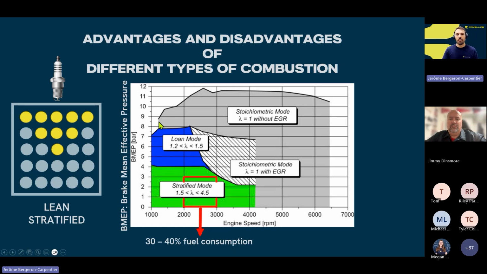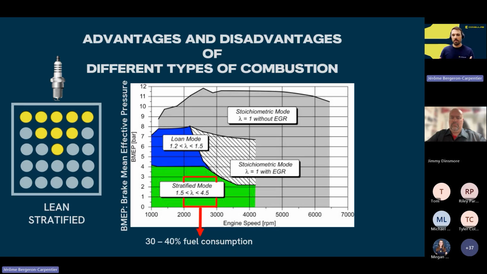Then when we have more load on our engines, or we're going to run up to speed, we're going to kill the EGR since we do want all the fuel particles that we need. And those fuel particles are going to be better for the combustion than unburned particles from the last combustion.